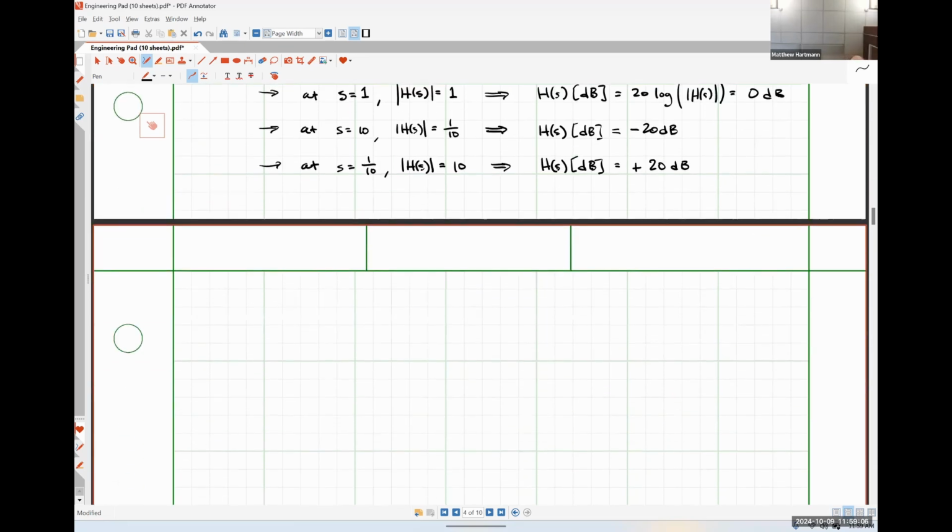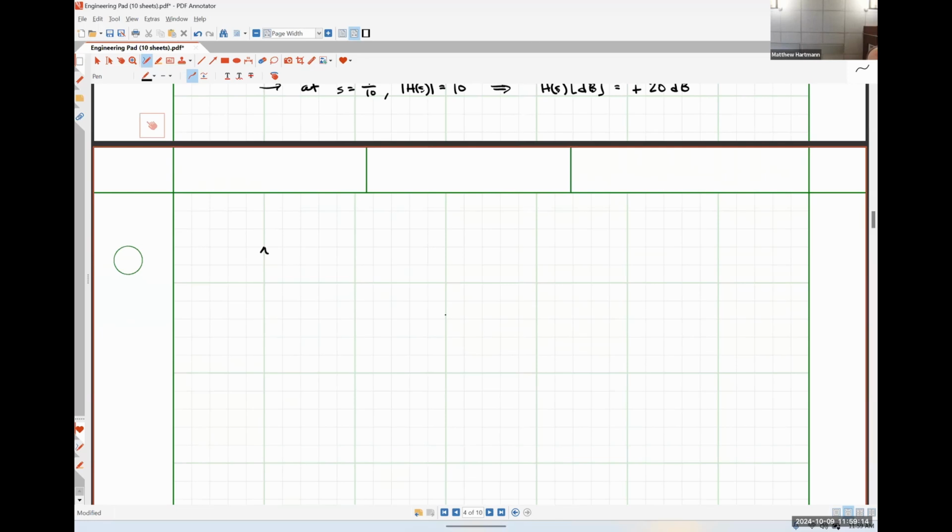So I'm going to make a plot. I wish I brought a ruler here, but it'll be okay. If we have a pole at the origin, then it will have the following frequency response.